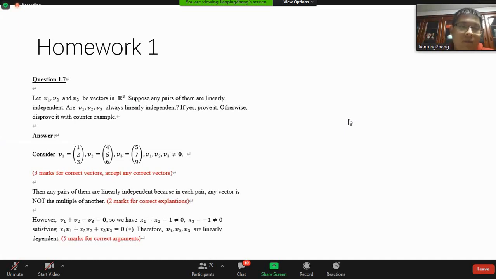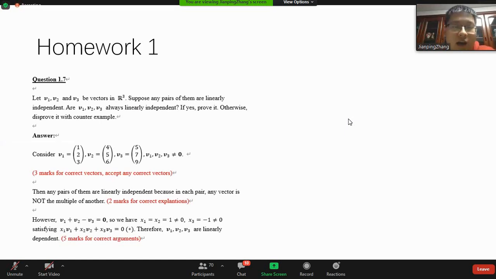Each pair between them are linearly independent. V1 cannot be expressed by V2 or V3. But actually V3 can be expressed by V1 and V2, like V3 is equal to V1 plus V2.